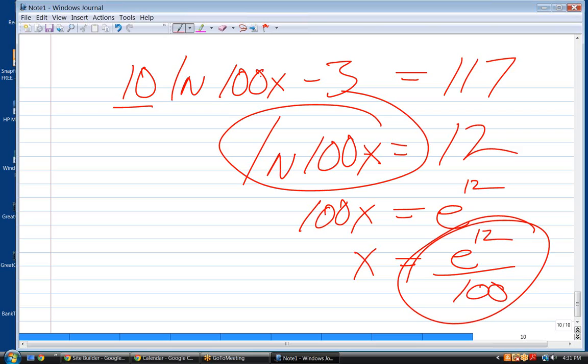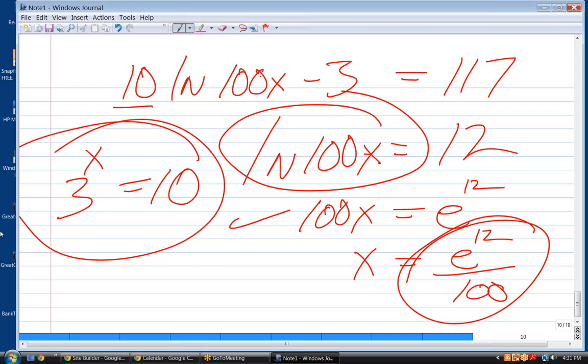They typically can't be solved algebraically. I mean, they can as long as the variable is not in the exponent. But typically, if I tell you that 3 to the x equals 10, you have no way to solve that algebraically. Yeah. So that's why we came up with logarithms.